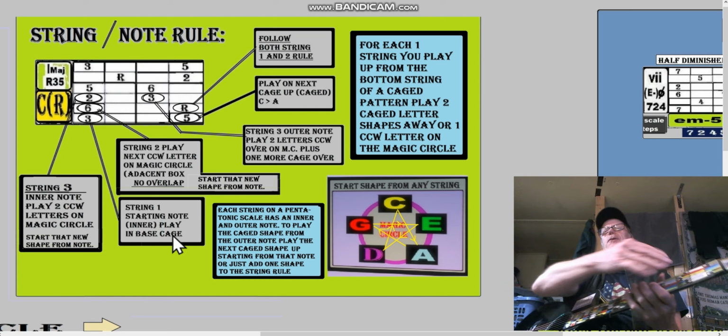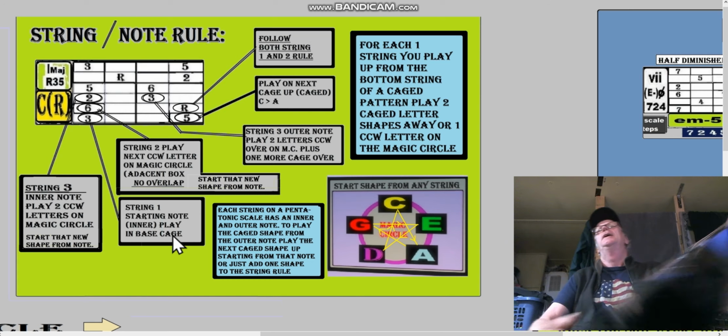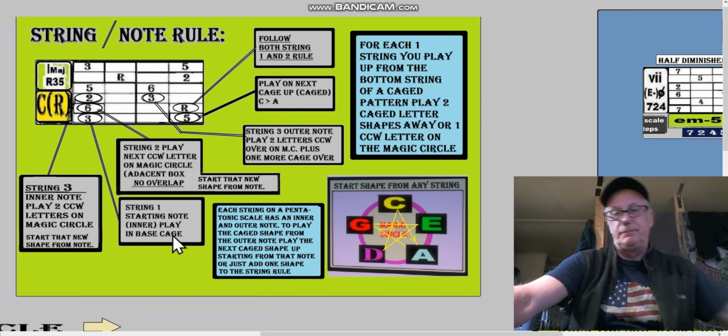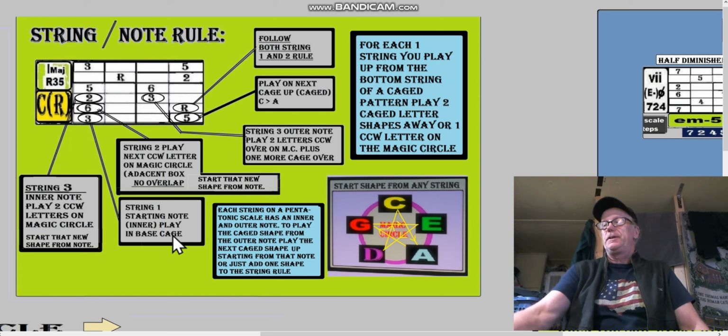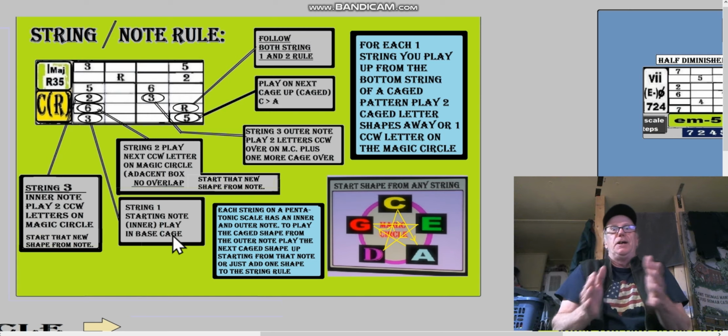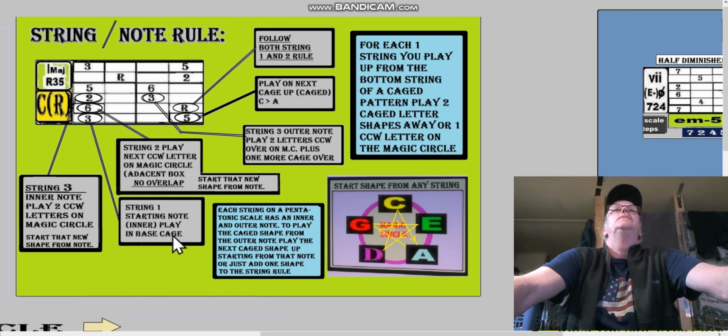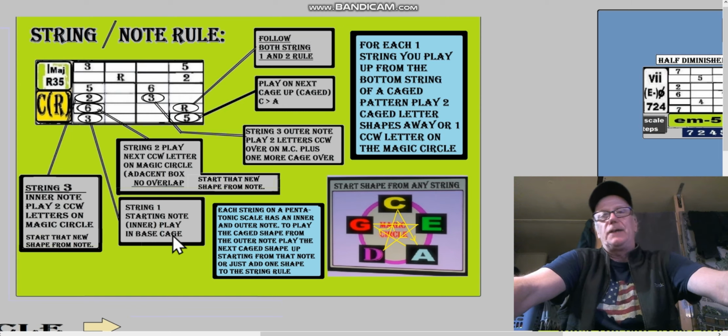I did a little down arpeggio there, which sounded terrible. But anyway, that's the string 1 starting note.